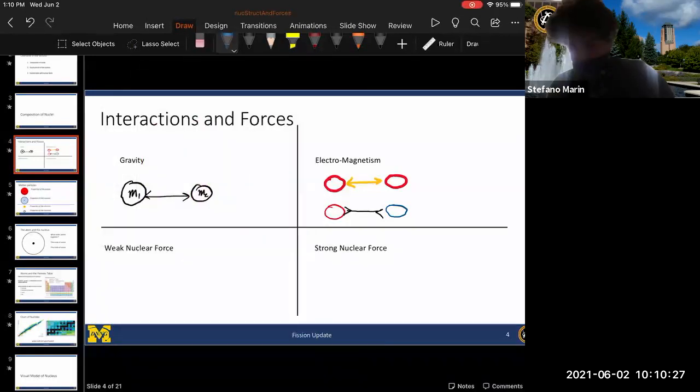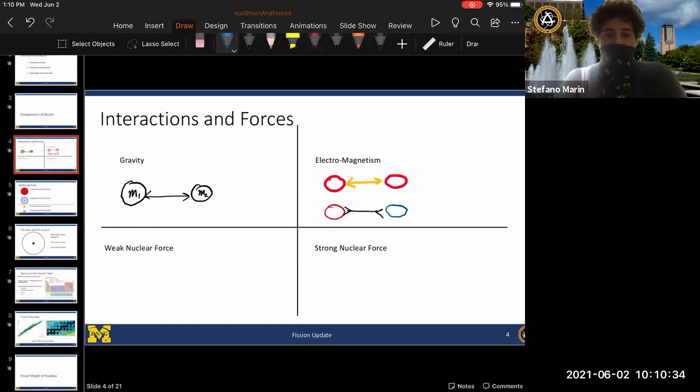Now, the weak charge is a bit more complicated to understand because it doesn't give rise to a fancy force as we interpret, for example, in gravity and electromagnetism. It gives rise more to certain processes. So two particles will undergo a certain process, or some kind of interaction, if they have this weak charge.